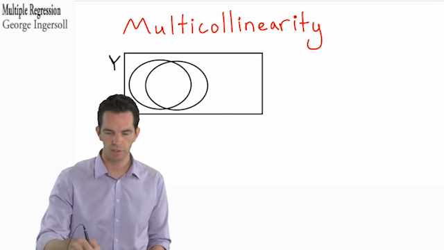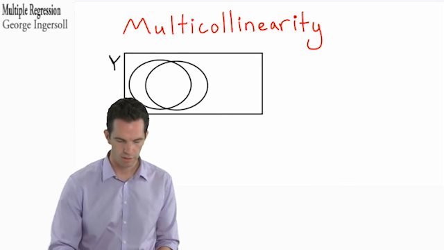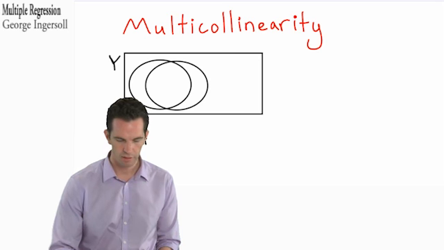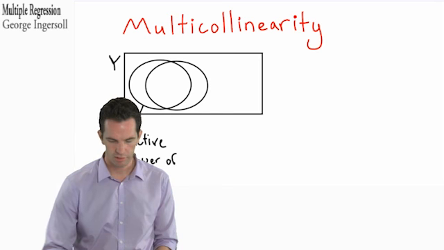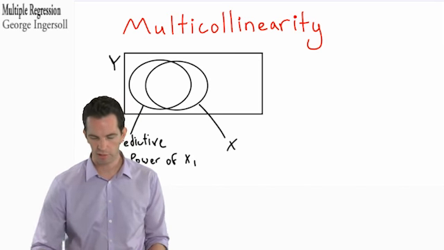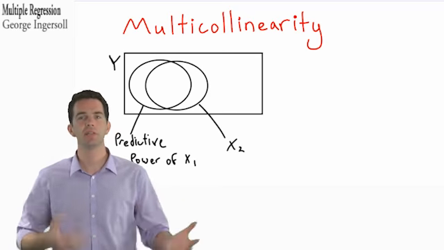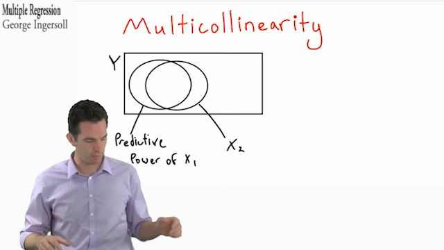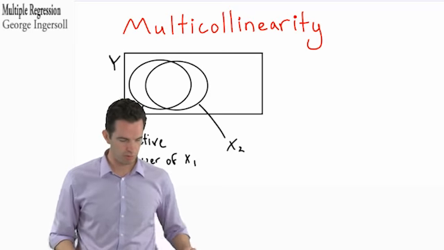So this is the predictive power of x1, and this is going to be the predictive power of x2 over here. It's hard to separate them out. So generally, you want to try to avoid picking variables that are pretty much redundant.